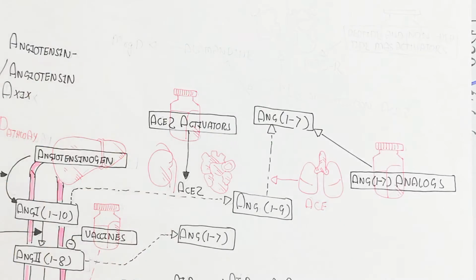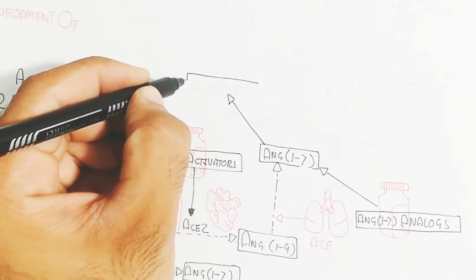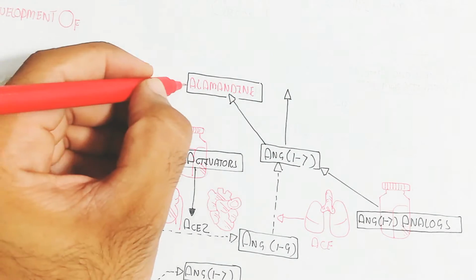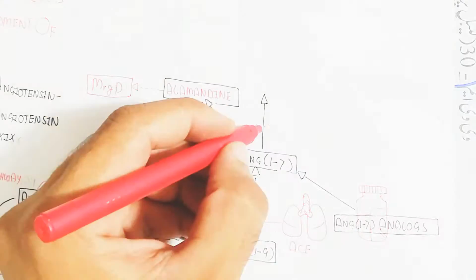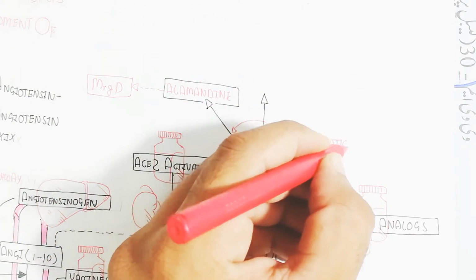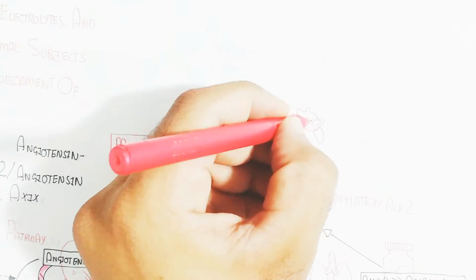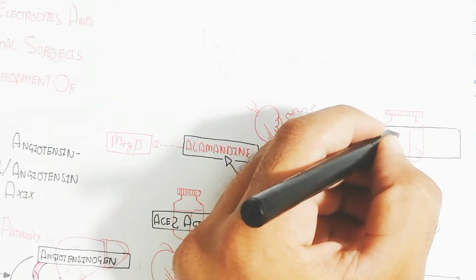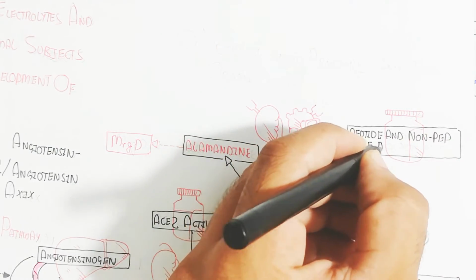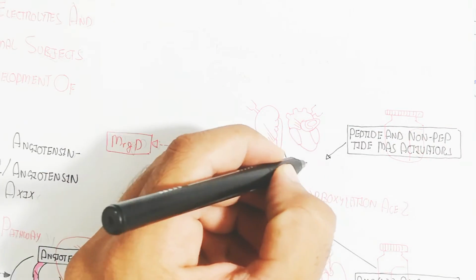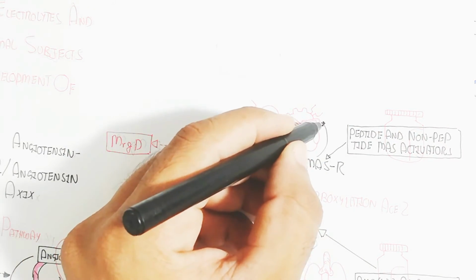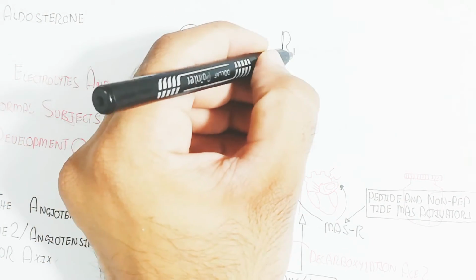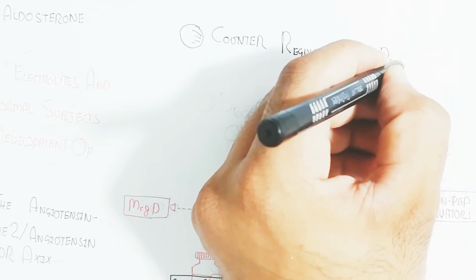The ACE2 activators lead to angiotensin 1 to 9 conversion, and then the ACE enzyme in the lungs converts it into angiotensin 1 to 7. The angiotensin 1 to 7 analogs, peptide and non-peptide, may act as activators, so that blood pressure and target organ damage decrease.